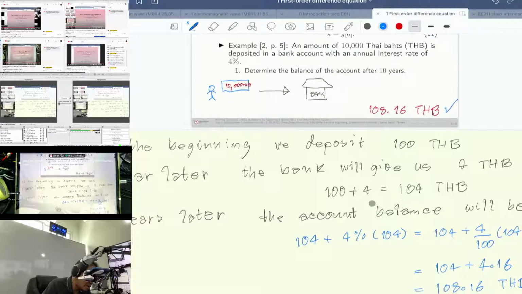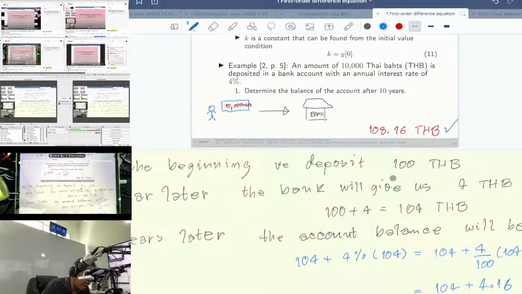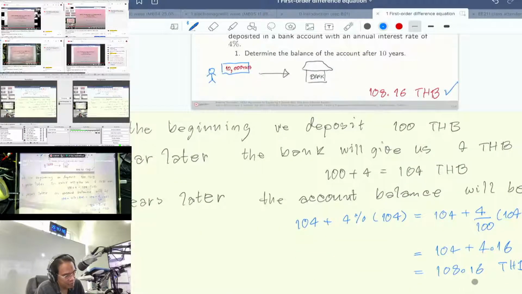Our system is not correct too, because the actual amount is 10,000 baht, right? So we have to multiply by 100.